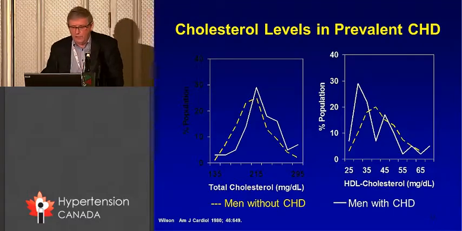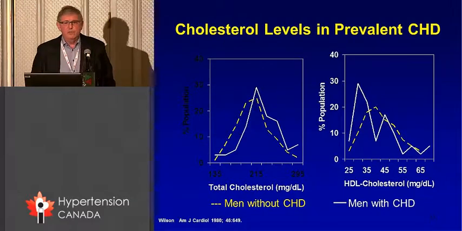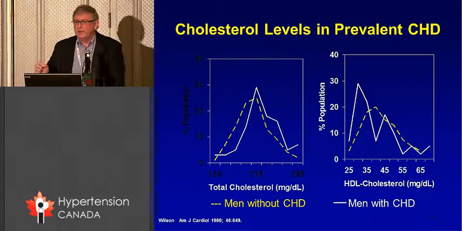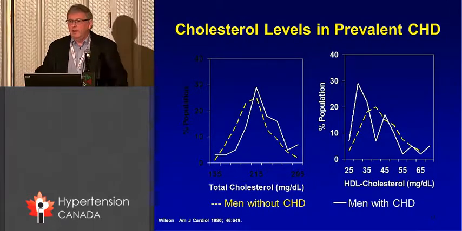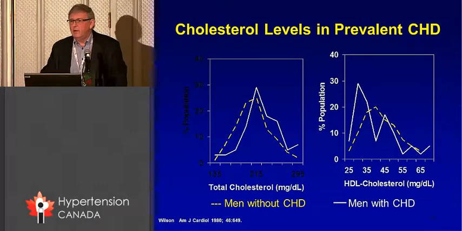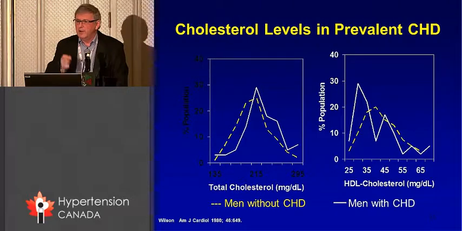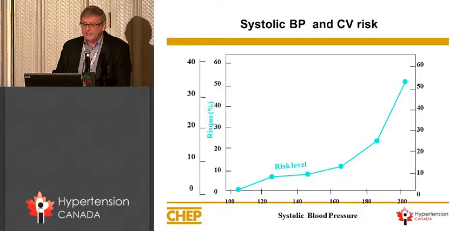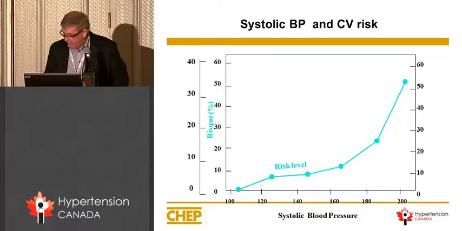Because we've learned from the past that if you look at a single risk factor, like cholesterol, the dotted line is the cholesterol of non-vascular patients. The full line is patients with coronary artery disease. You cannot distinguish using cholesterol level. You cannot distinguish using HDL level. It's the same thing with blood pressure.